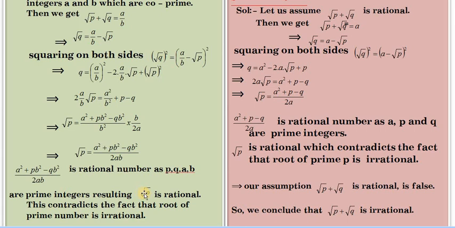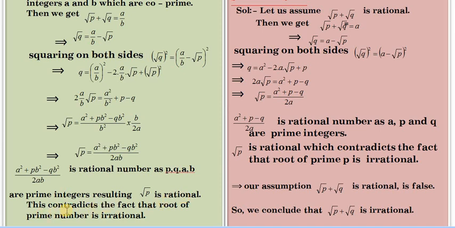Now suppose if we take 2, root 2 is an irrational number. 5 is a prime number, root 5 is an irrational number. 7 is a prime number, root 7 is an irrational number. So here p is a prime number means root p will be an irrational number. But here we are getting root p as rational, which contradicts the fact.